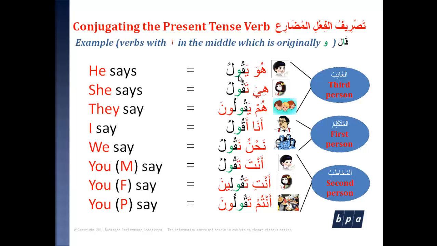That pattern stays the same, except when you're addressing a female, you have to change the dhamma on the lam to a kasra to accommodate the vowel ya. Here, back again to a dhamma, sukoon, and dhamma in the pattern.